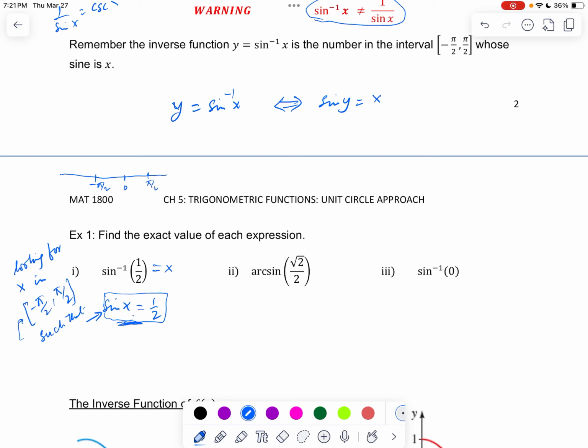What number between these two values has sine equal to 1/2? That number is pi over 6. So only one value, which means sine inverse of 1/2 equals pi over 6.